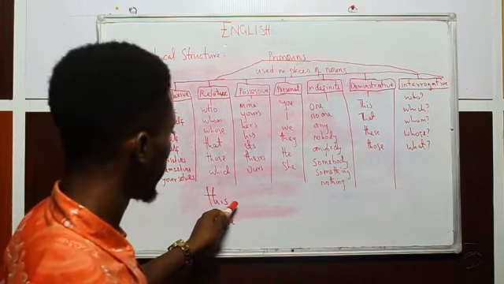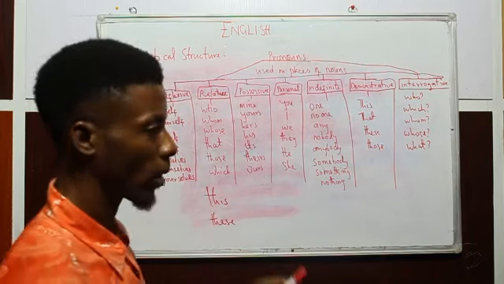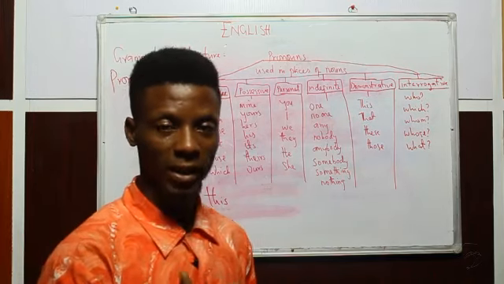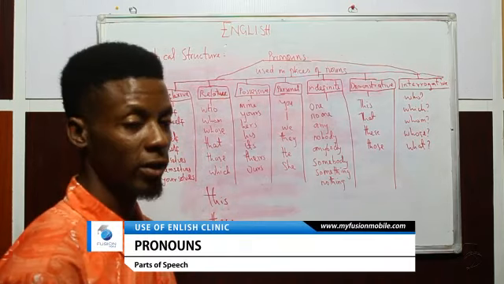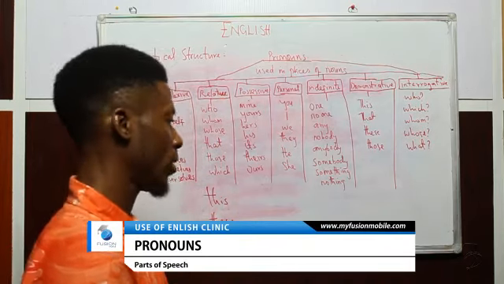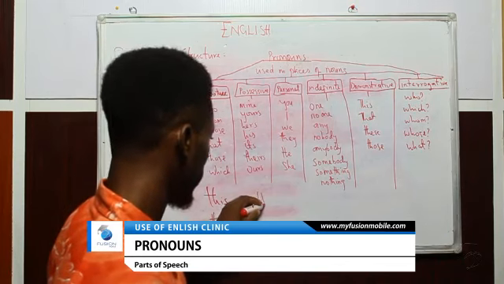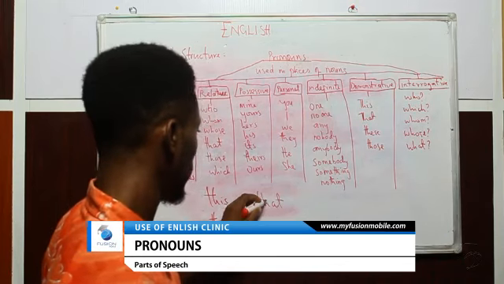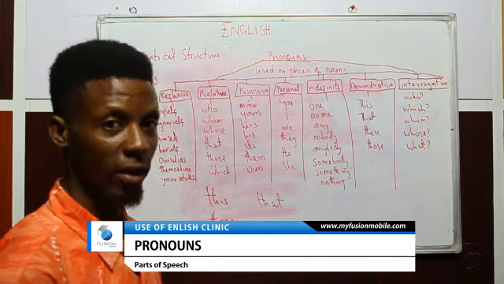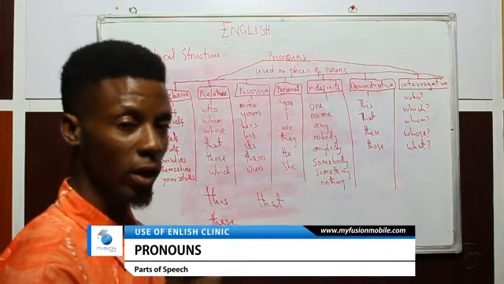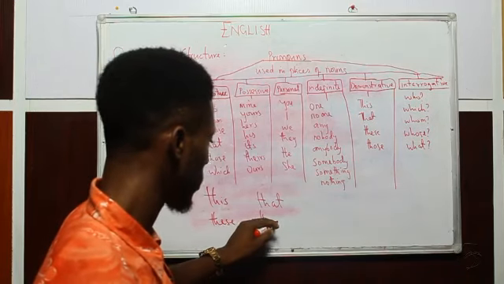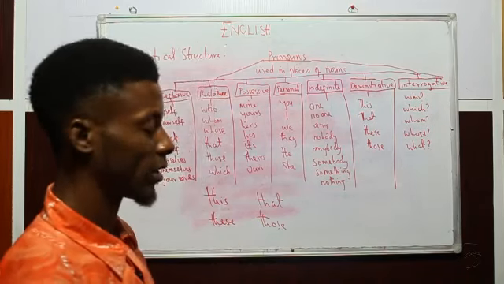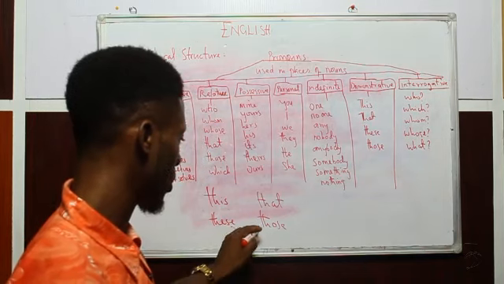This is the singular form referring to something that is near, and these is the plural form referring to something that is near too. On the other hand, that refers to something that is far, of singular form, and those, something that is far and plural.